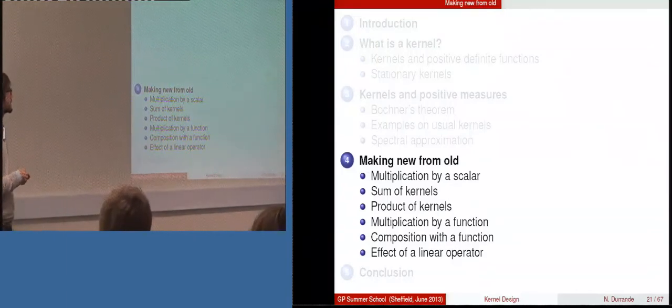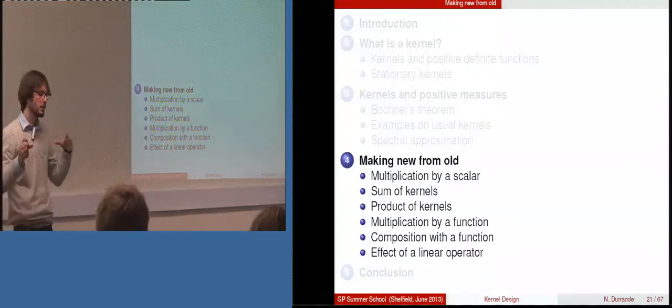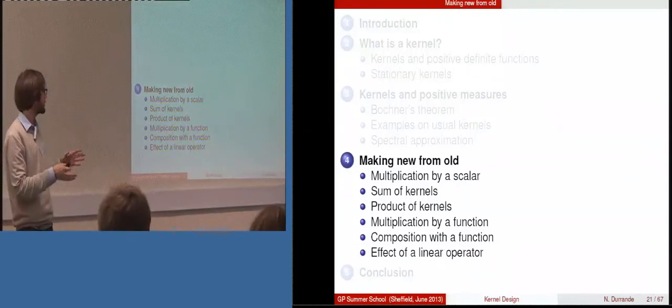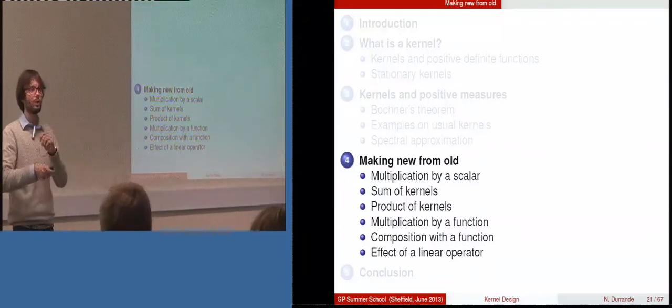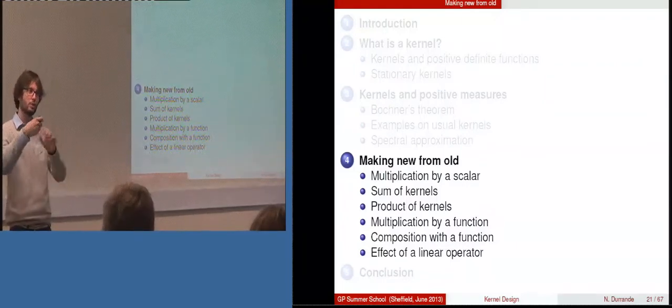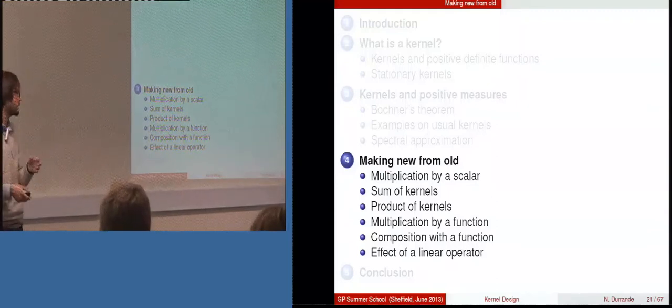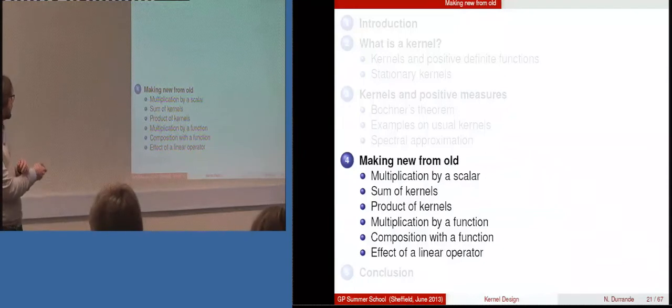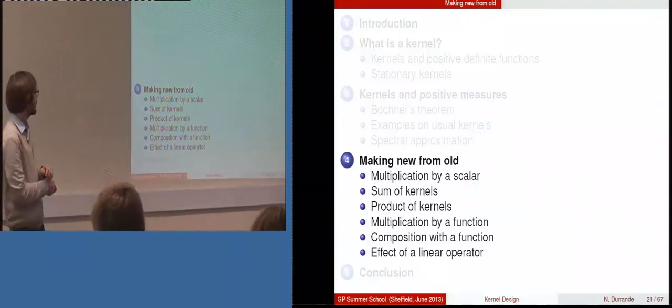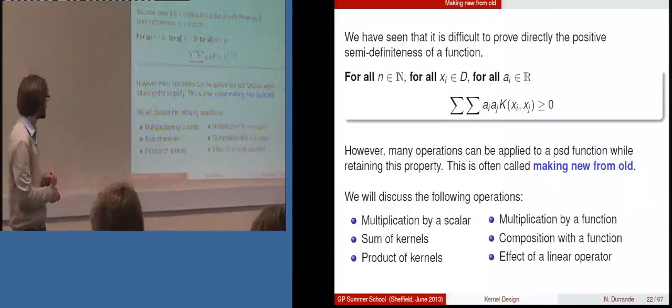So there's something quite common, called making new from old, where you take some kernels that you know are positive definite, and then you look at the operations you can apply to transform them, to tweak them, to torture your kernel a bit to make it more interesting for the model you want to build. This is what we are going to talk about.